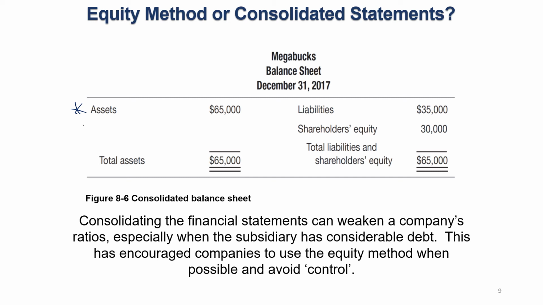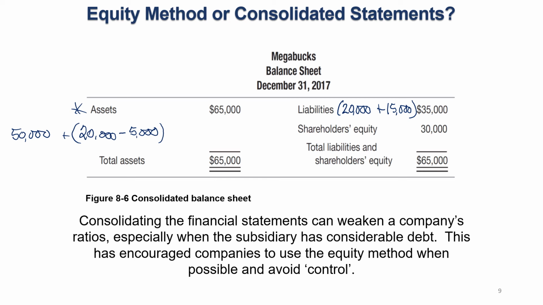So this is 20,000 minus 5, which is their SHE for tiny, plus the 50,000 for megabucks. So that's where the 65 came from. When you consolidate, your bills are my bills, so liabilities are just added together. So we have the 20,000 liabilities of megabucks plus the 15,000 of liabilities of tiny.